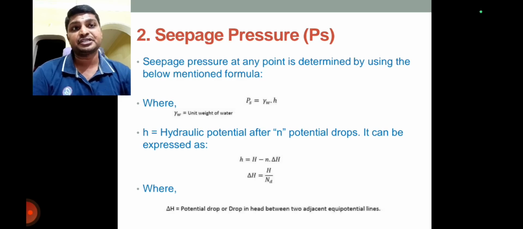After n potential drops, it can be expressed as h = H − n ΔH, where ΔH = H / N_D. ΔH means the potential drop, or drop in head, between two adjacent equipotential lines.